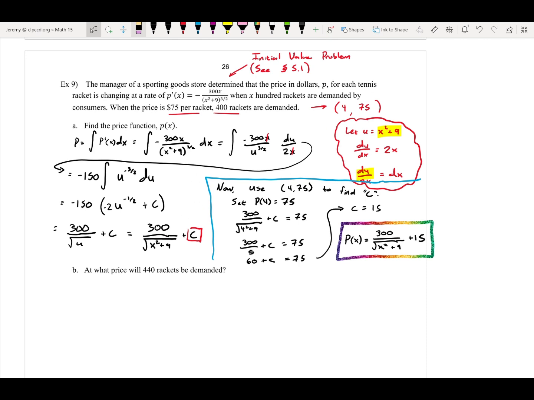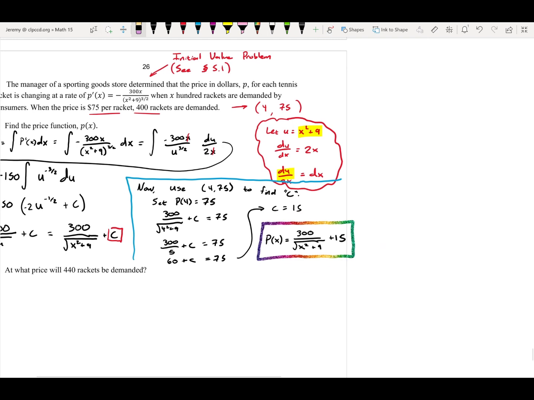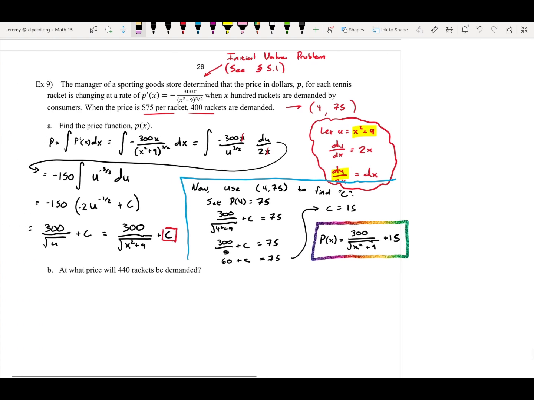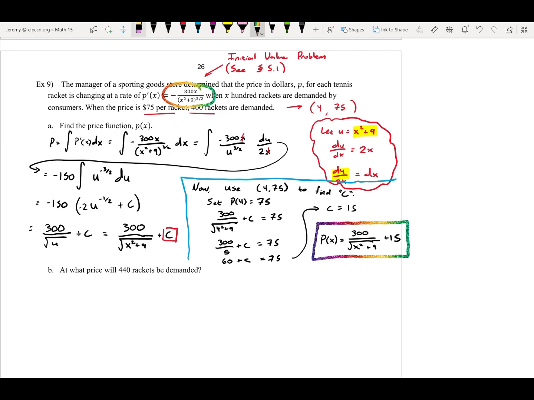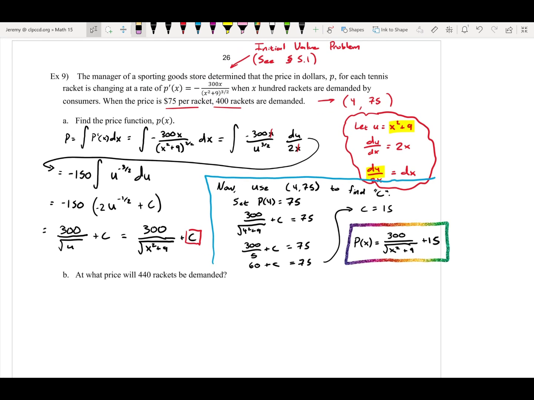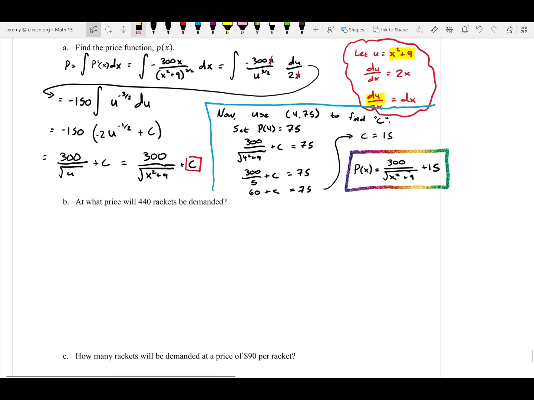You can check your work by taking the derivative of this answer, and you'll find that you get the function we were originally handed.